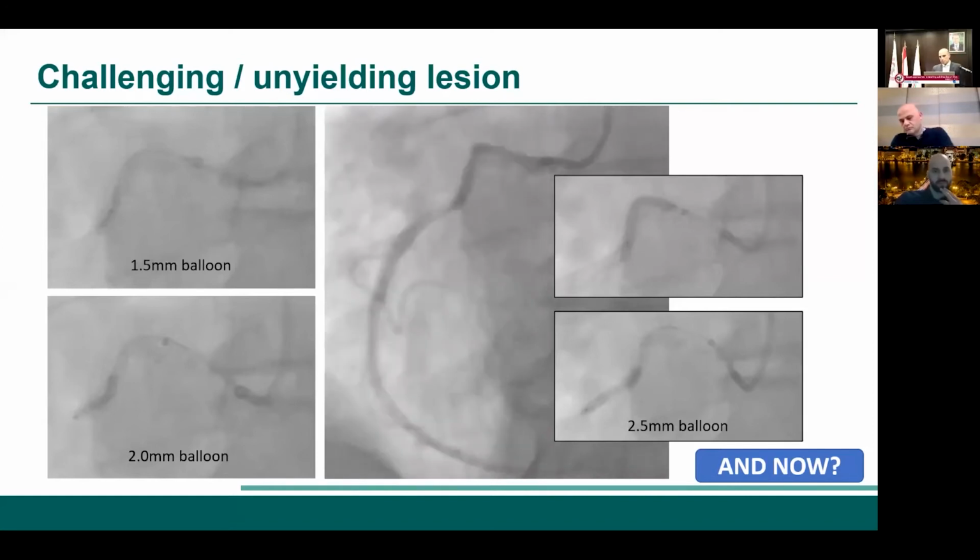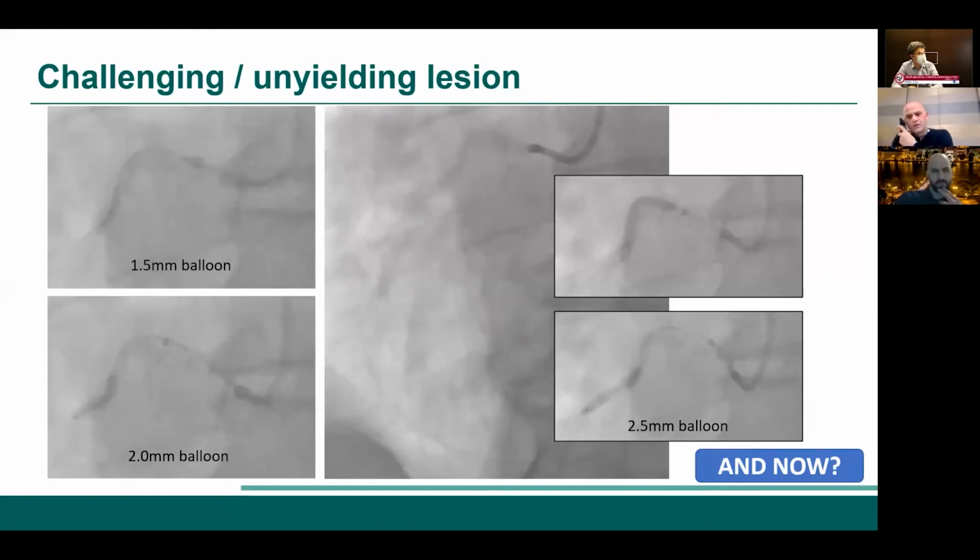Yeah, once you see the shape of this 2.5 balloon, and now you've tried everything and you can't dilate this lesion, and it's calcified, and he's 80 years old, now you have to go debulk this calcium.